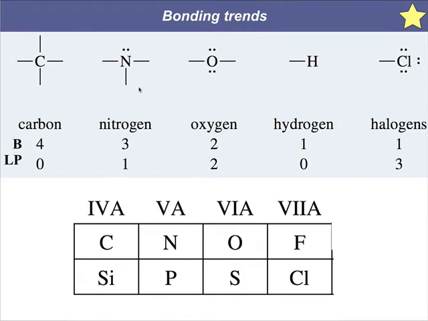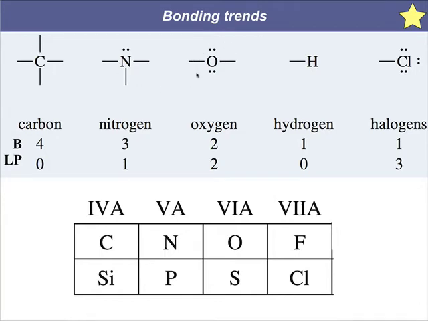If you follow this pattern that we've been using, you will notice bonding trends, okay? We already looked at nitrogen, where nitrogen had 3 bonds with a lone pair, and we figured out that, starting with 5 electrons, nitrogen needed 3 bonds to give it 8 electrons. If we go back and we say carbon's got 4 electrons, it's going to need 4 bonds to get those remaining 4 electrons.